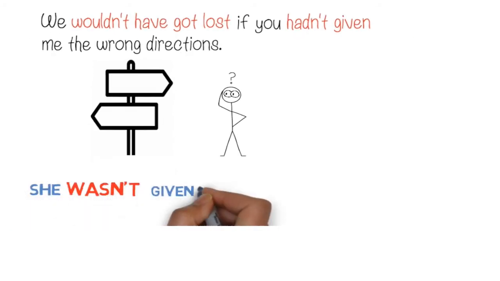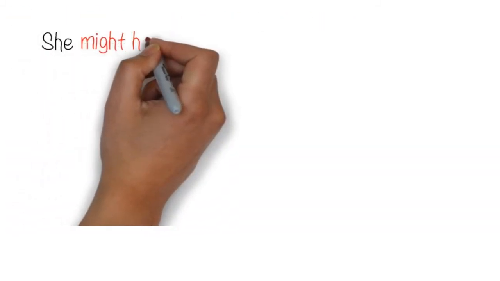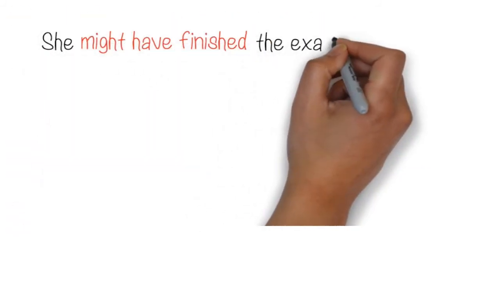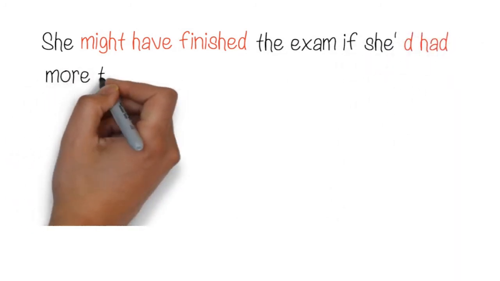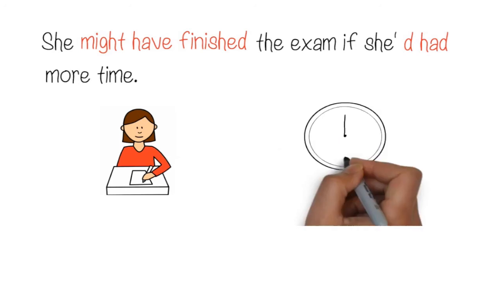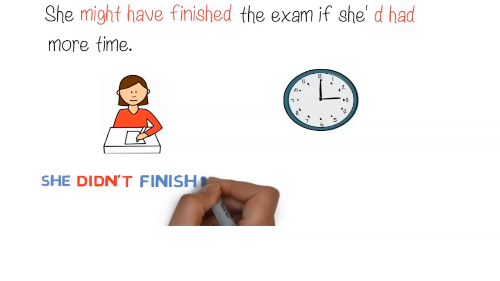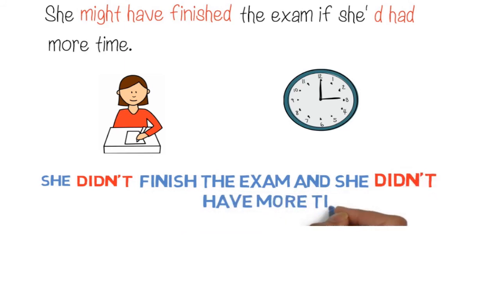She wasn't given the correct directions and she didn't find her way. She might have finished the exam if she'd had more time. She didn't finish the exam and she didn't have more time.